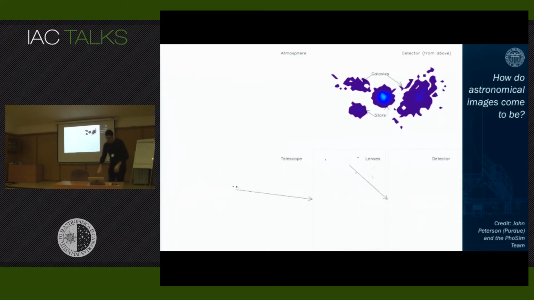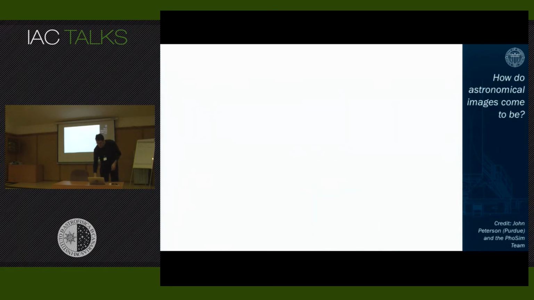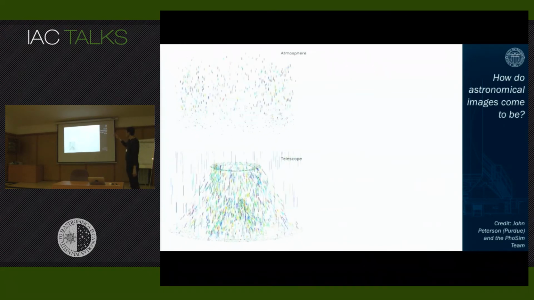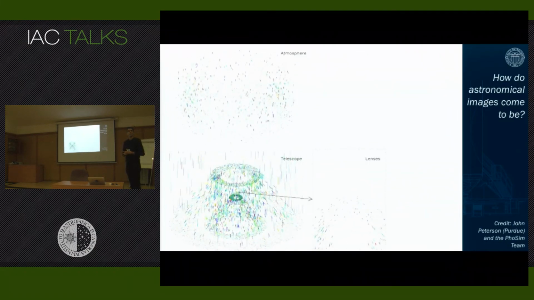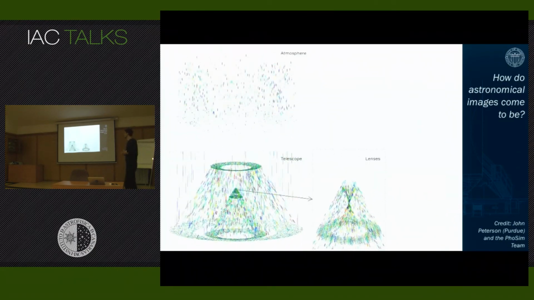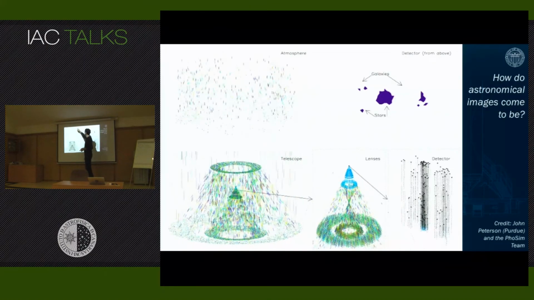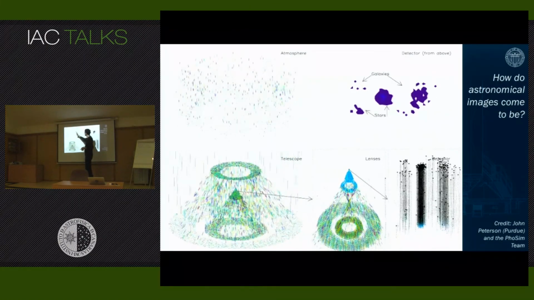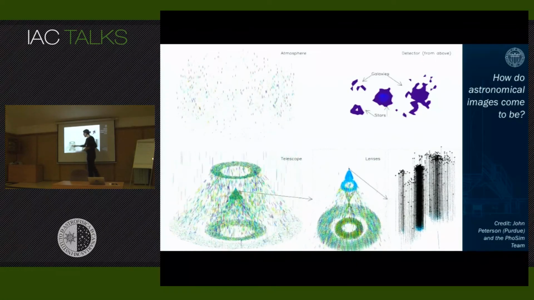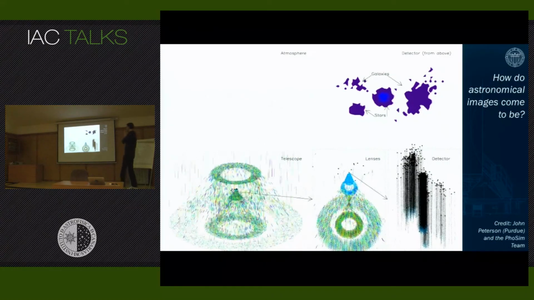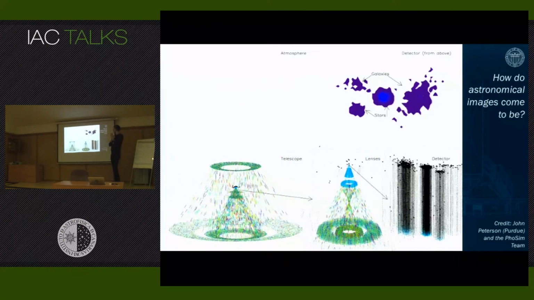Let me restart it once more. The interesting thing here is that as the photon travels and does all these bounces, its direction can change. Here you can actually see it in the atmosphere. It's been intentionally exaggerated. Some of these photons go in slightly different directions. Whenever it hits a mirror, it can bounce slightly differently than it would for a perfect mirror.